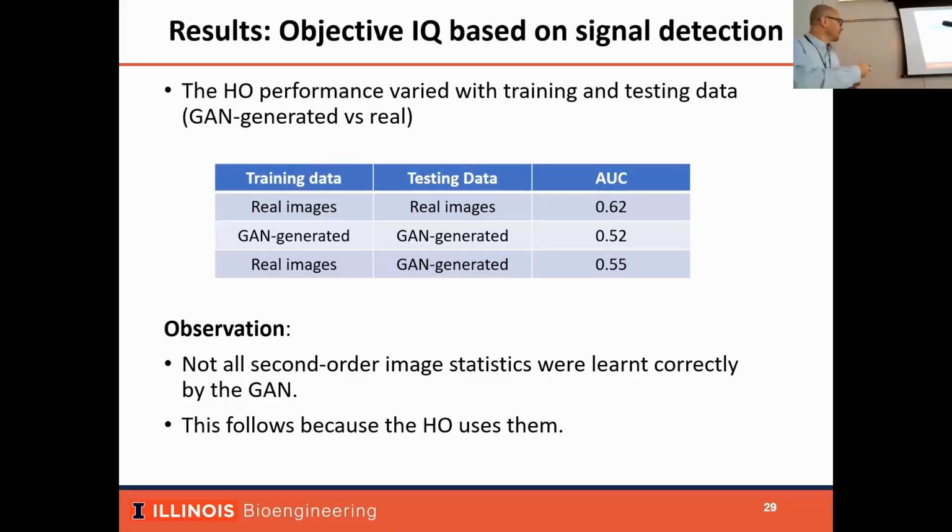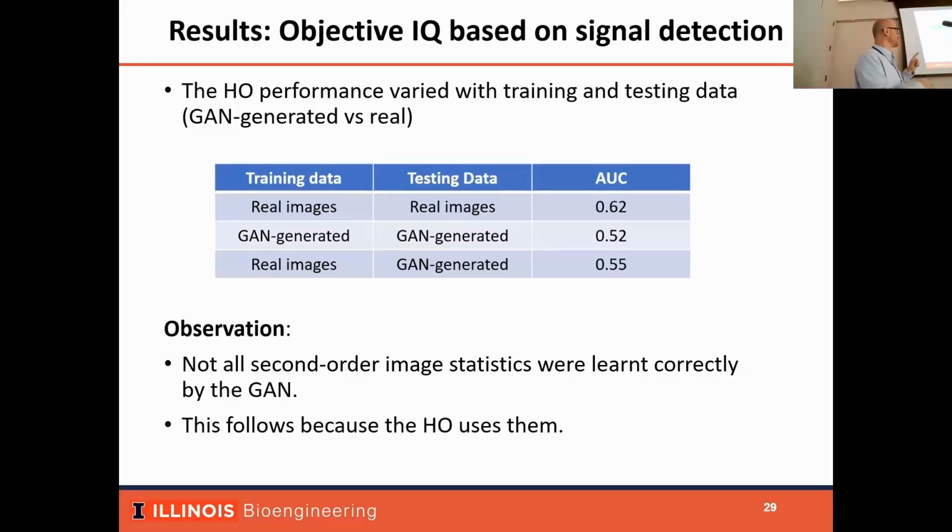If we look at the first column, if we compute the Hotelling template using the real CLB images, and then apply the Hotelling template to real images, we achieved an AUC of 0.62, right? So it's kind of low. It was a tough signal detection task, but that's fine. If we go to the second column, now if we use the GAN-generated images to compute the Hotelling template, and then we apply the Hotelling template to GAN-generated images, now the AUC drops to 0.52, right?